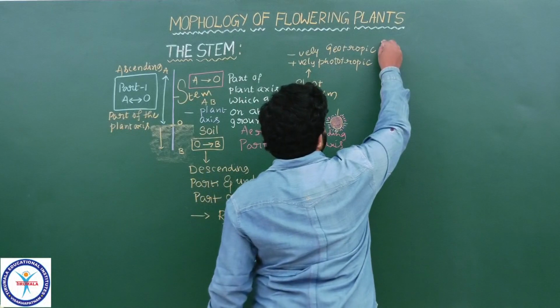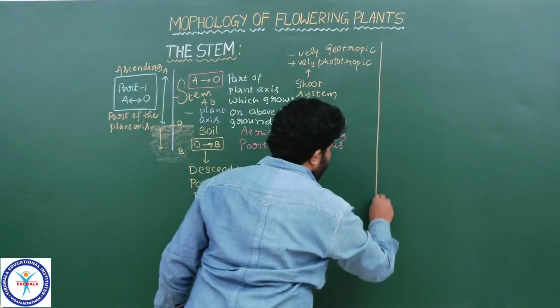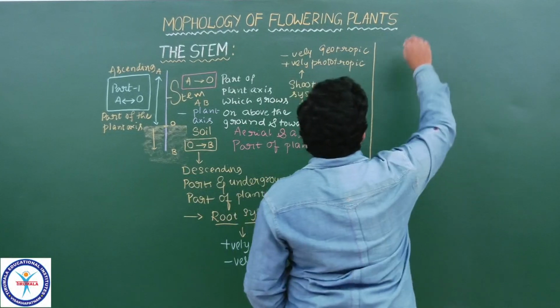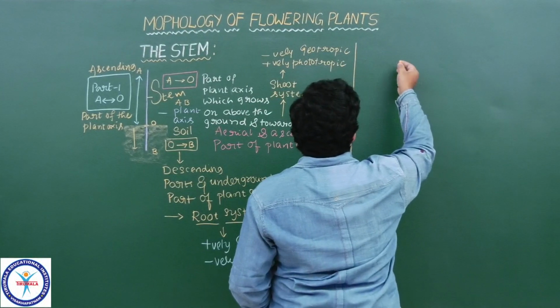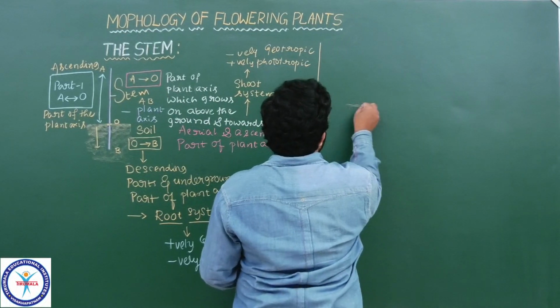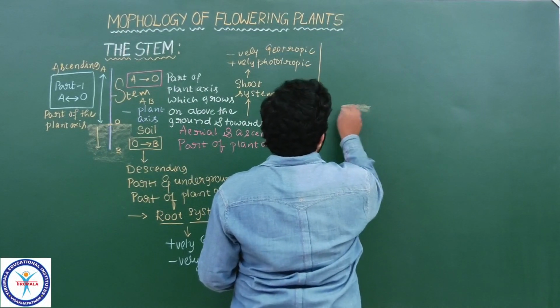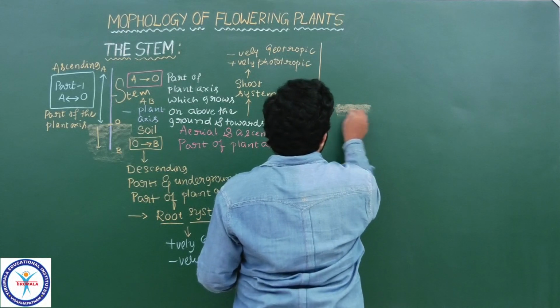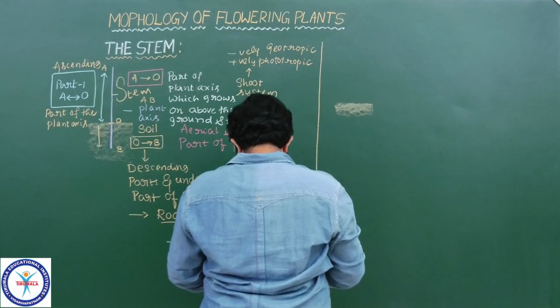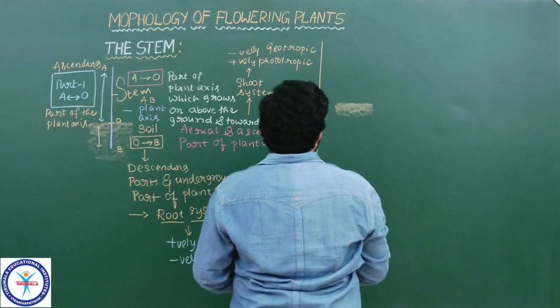Now we are going to discuss the ascending part of the plant axis like stem. So we focus only on the ascending part. We should not mention anything about the descending part like root, because here our discussion is about stem. So now please draw the diagram of stem only.